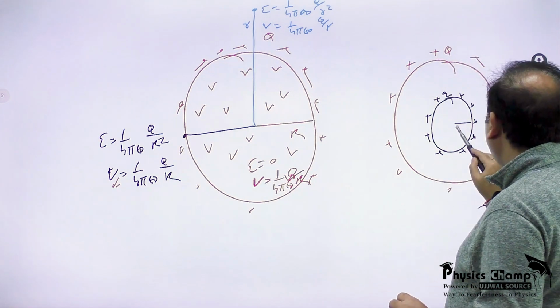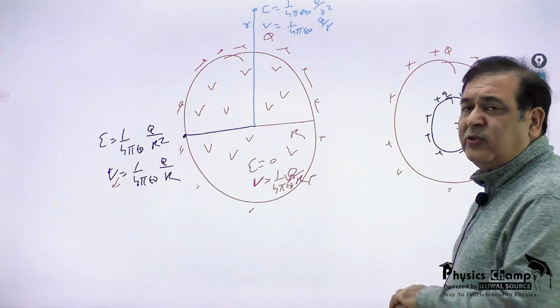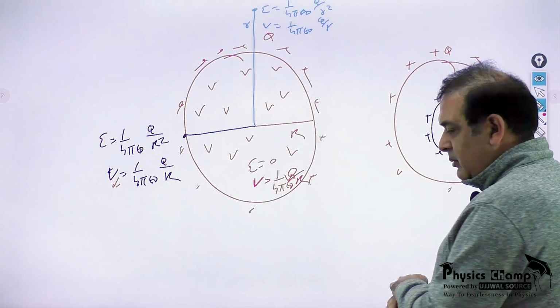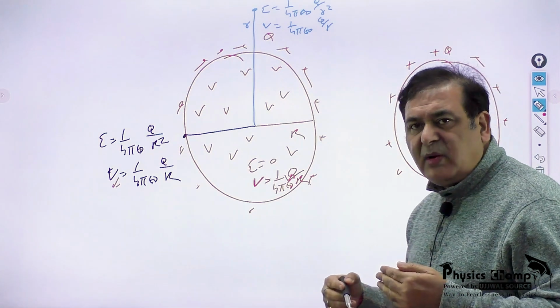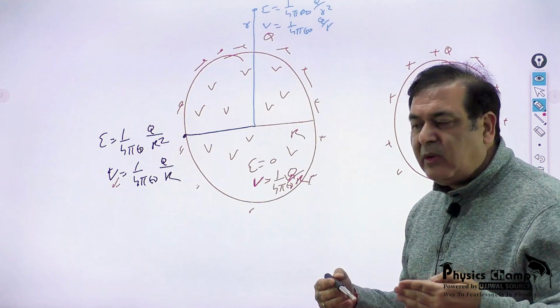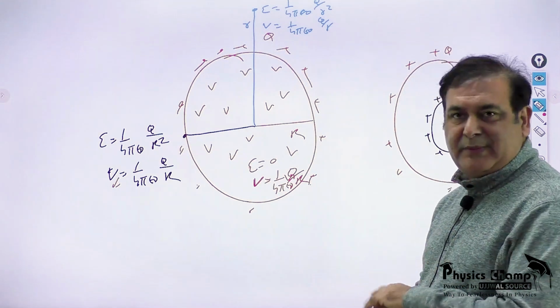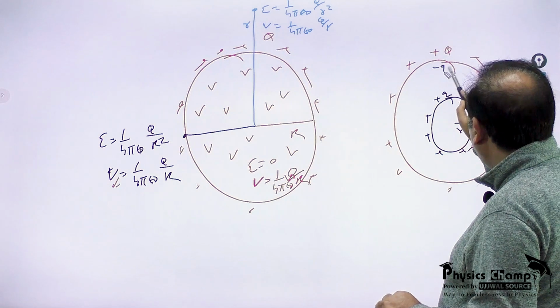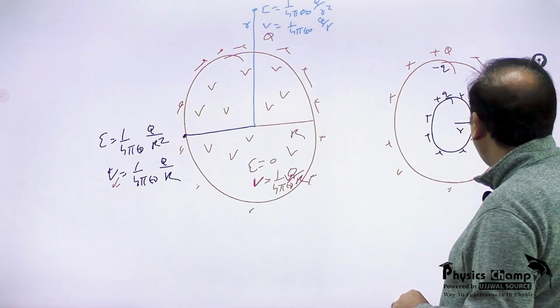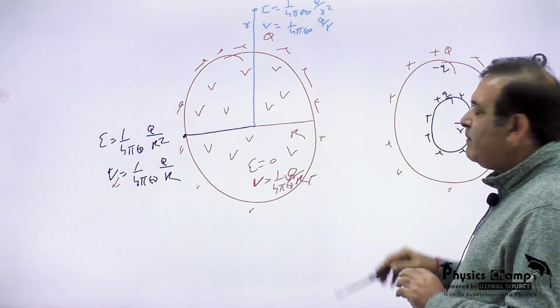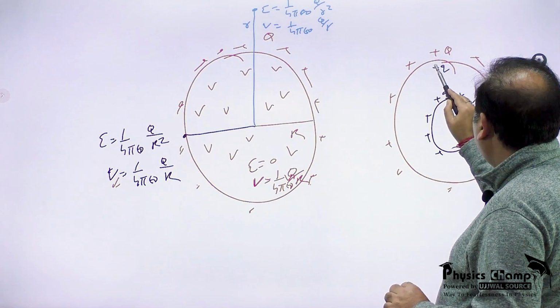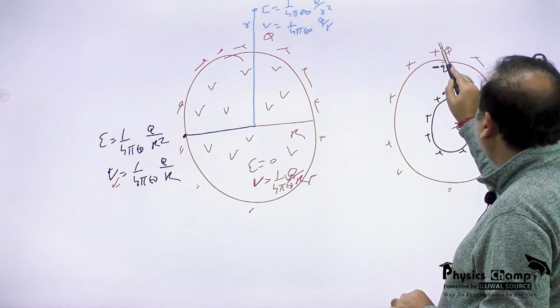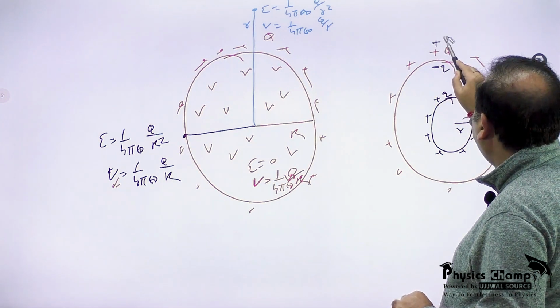Now in this case, if it has a charge small q, then there will be something called induced charge. Induced charge always moves from in to out. So as a whole, you will have an induced charge: onto the inner side minus q and onto the outer side plus q.